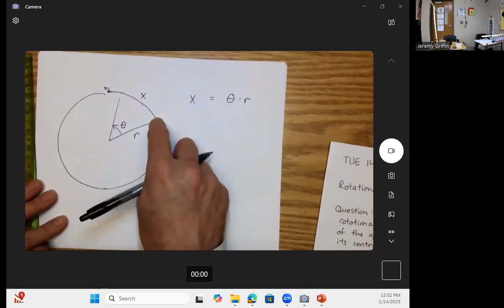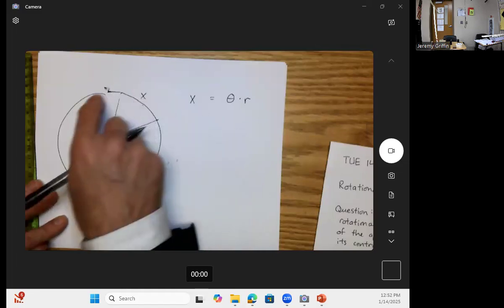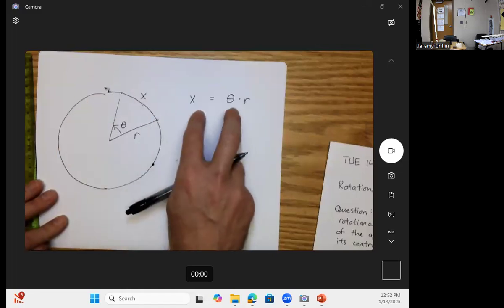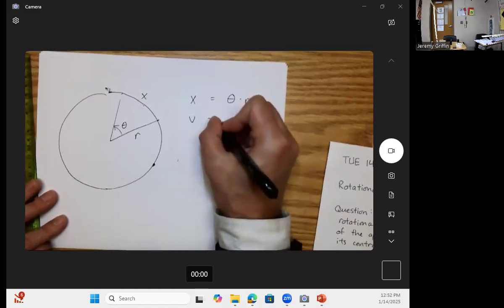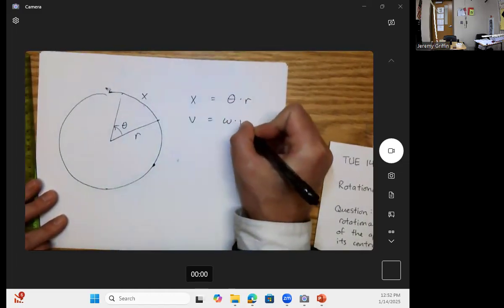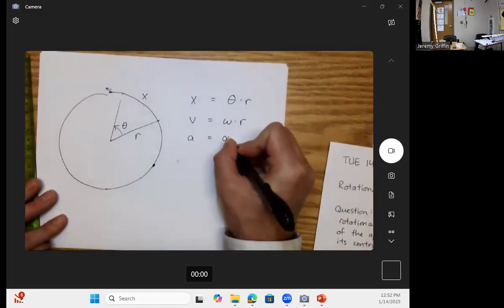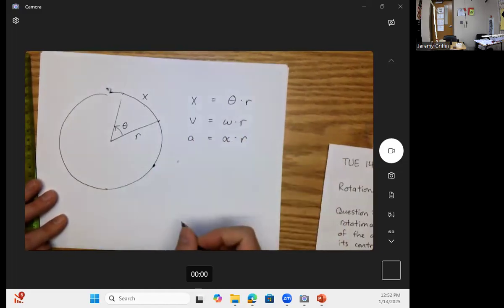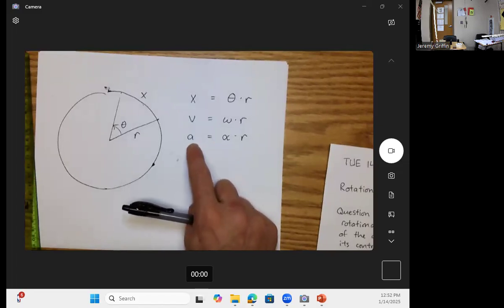Starts with a C. Circumference. And what angle is that in radians? 2 pi. Circumference equals 2 pi r. You guys remember that? And then for speed, linear speed v equals omega r. And then a equals alpha r. So alpha is how fast it's speeding up spinning, in radians per second squared. And a is the tangential acceleration in meters per second squared.